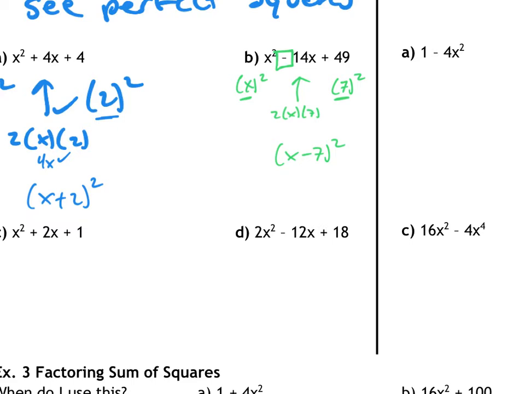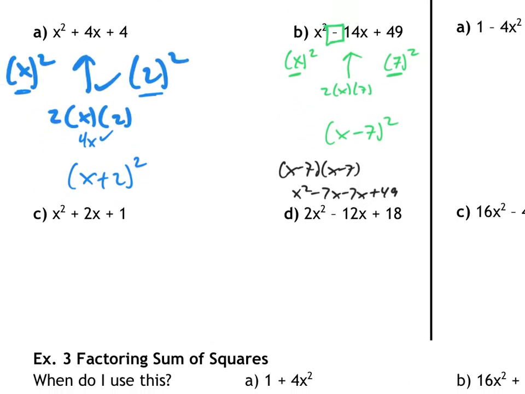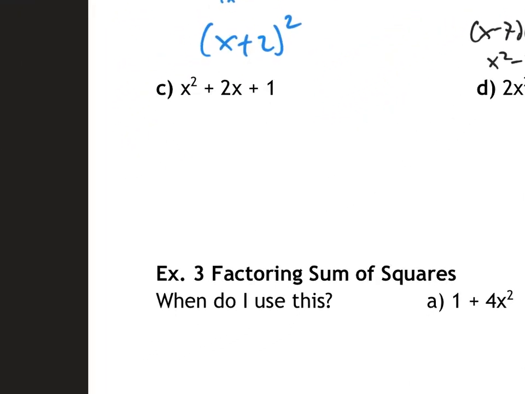If you FOIL it out, once again, to check your work, you can always do this with quadratics. So x squared minus 14x plus 49. You see you get where you started because negative 7 plus negative 7 is negative 14. So these are perfect square trinomials. They are nice and simple if you see the pattern.